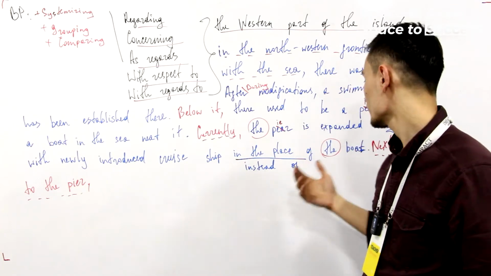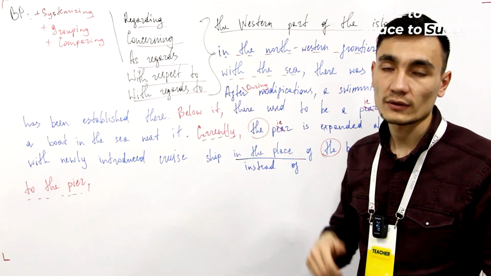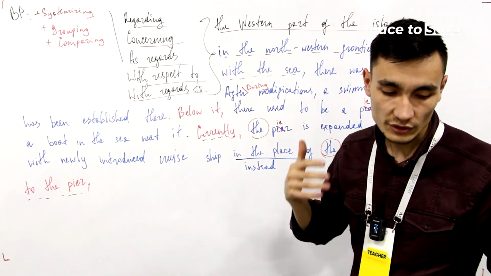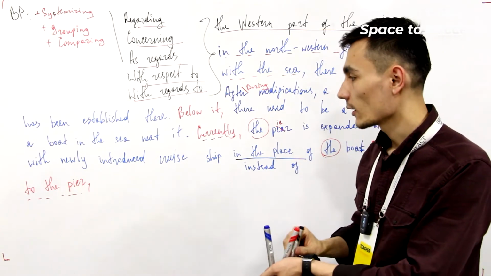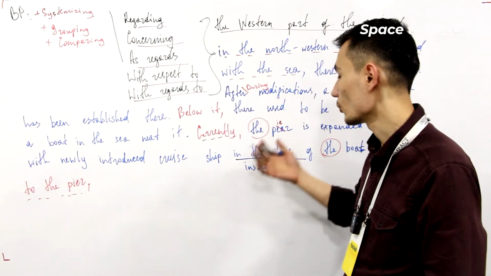So after this, next to the pier, we say there was a scientific research station with trees. So we say there was, or there used to be. Let's just use the structure "used to" one more time.